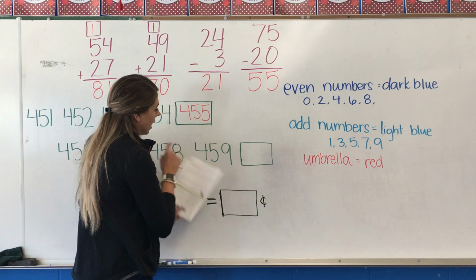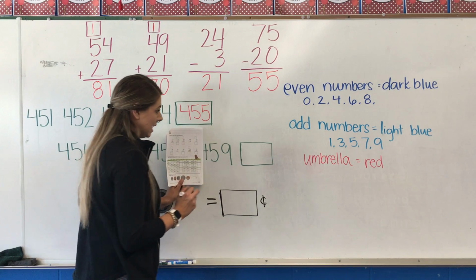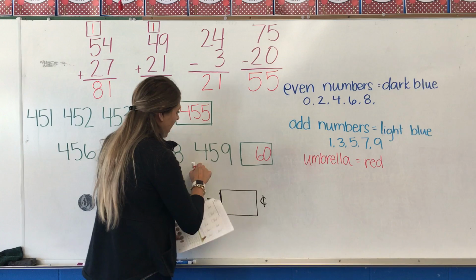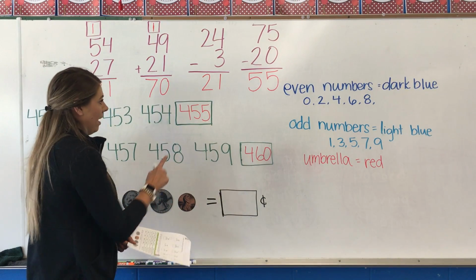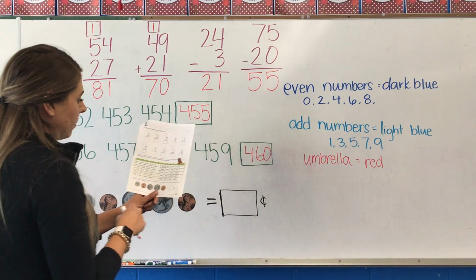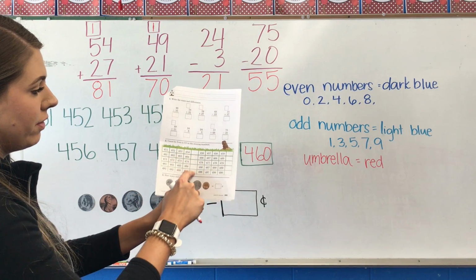And if we were to just cover up the 4, we know that after 59 is 60. So we know that 60, and then we need to add back in our 4 in the hundreds column. So if we count by 5s, we'd have 455, 460, and 465, and so on. So you're just going to fill in the rest of those here.